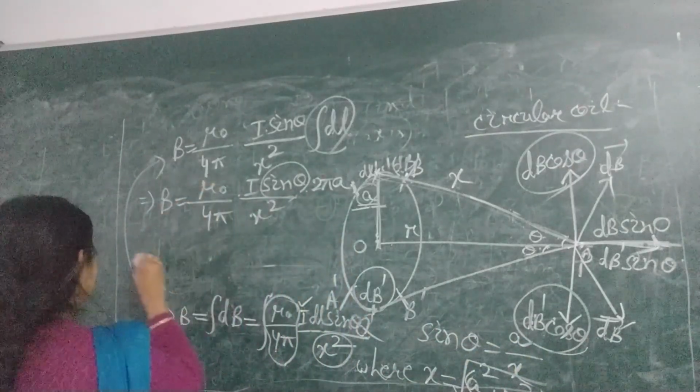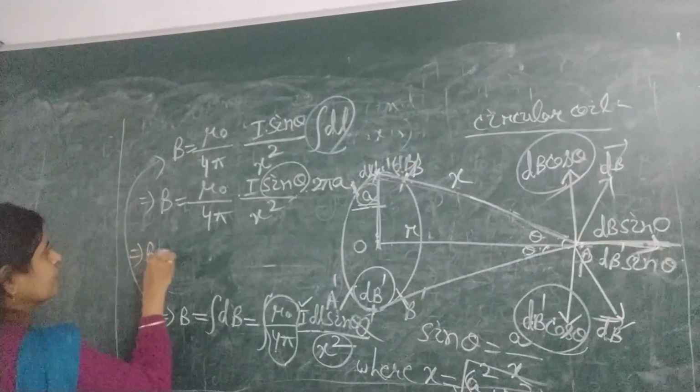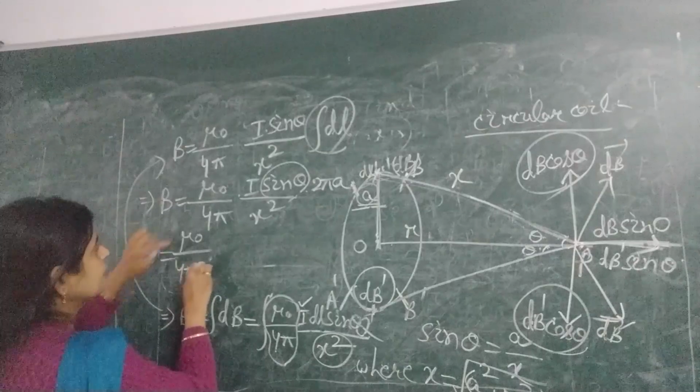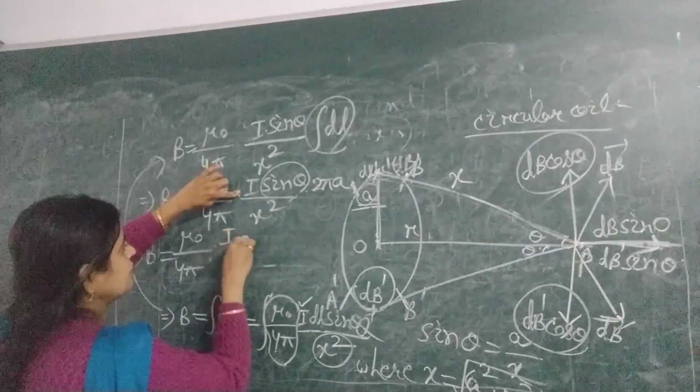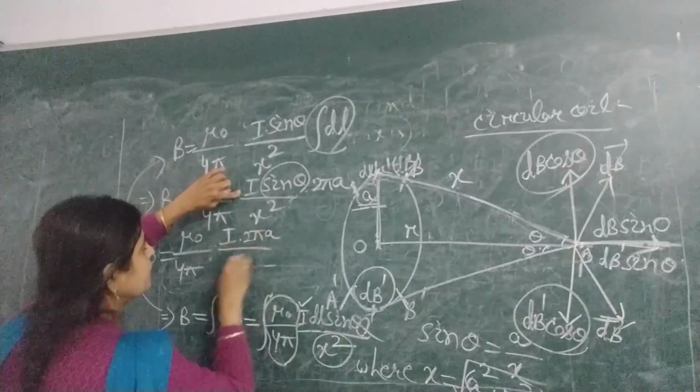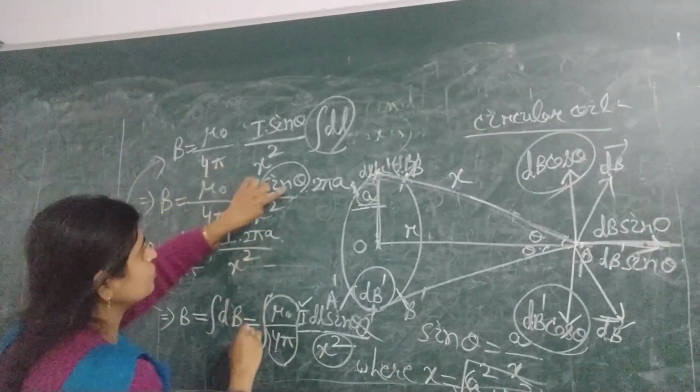Now put the value of sin theta. So mu naught by 4 pi I 2 pi a divided by x square into sin theta.